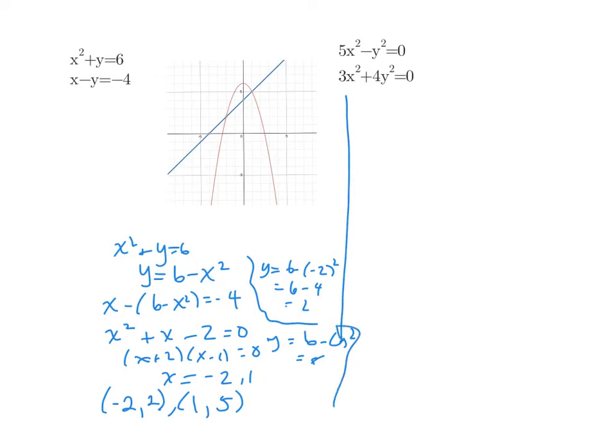Here we have an example of two equations, and just like we did the process of elimination involving two linear equations, we can use the process of elimination to involve two nonlinear equations. So notice for the top equation, if I multiply by 4, I get 20x squared minus 4y squared equals 0.